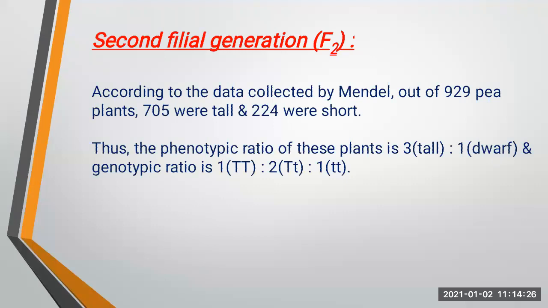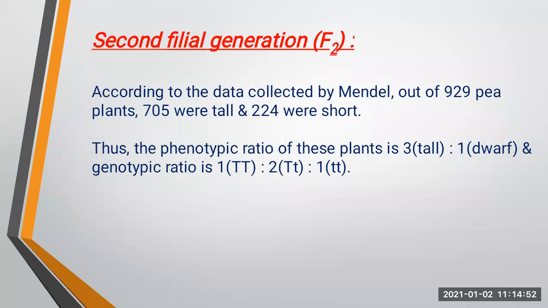So again, we can see only two types of phenotypes, tall and short, but looking at the genotype, that is genes, there are three types: capital T capital T, pure homozygous, then capital T, small t, that is heterozygous, and small t small t, that is dwarf, again homozygous.